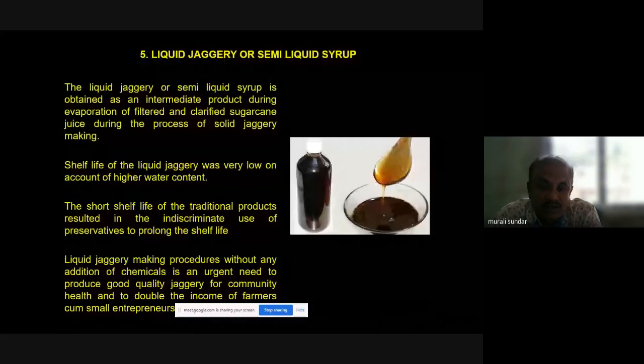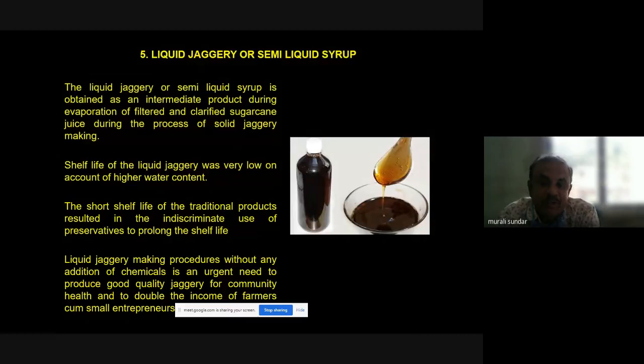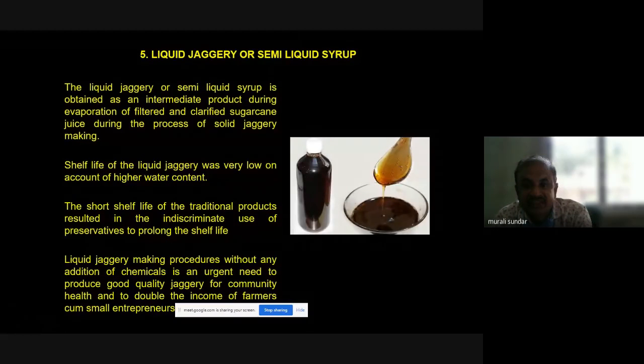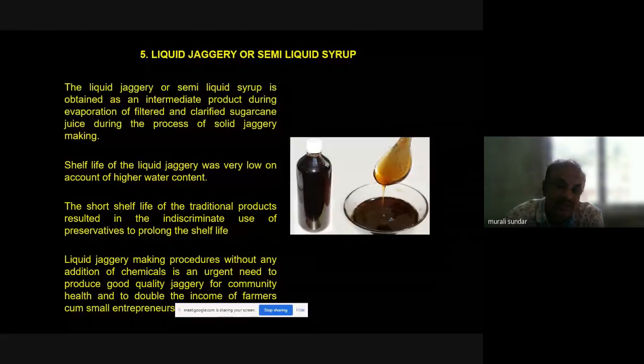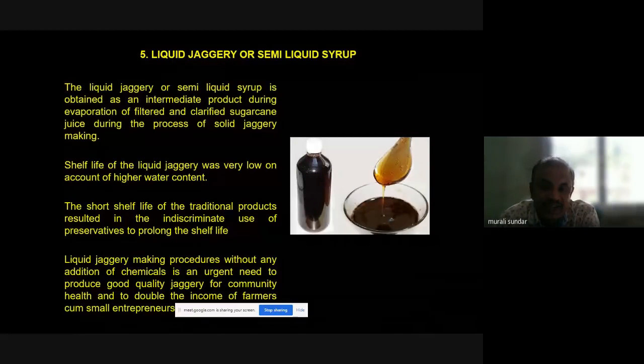Nearly, we have sold 100 bottles at the price of about 150 rupees per liter. The product is sold within an hour, and we could see a lot of positive response for liquid jaggery or semi-liquid syrup, because this product is very helpful, especially for children. Without them knowing, you can add this product in milk or whatever product they are consuming with a favorable flavor.